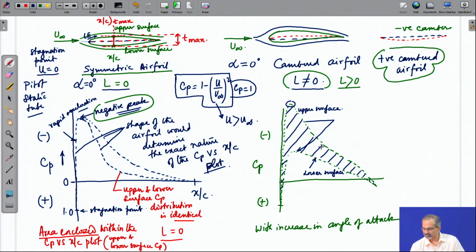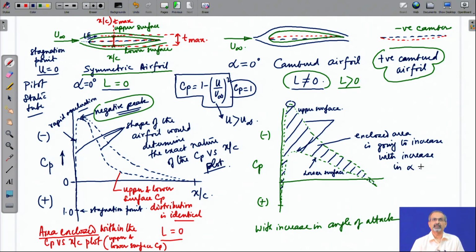This enclosed area is going to increase with increase in alpha. It is going to get expanded further with increase in angle of attack, and it is true for both symmetric as well as cambered airfoil that this is going to increase.